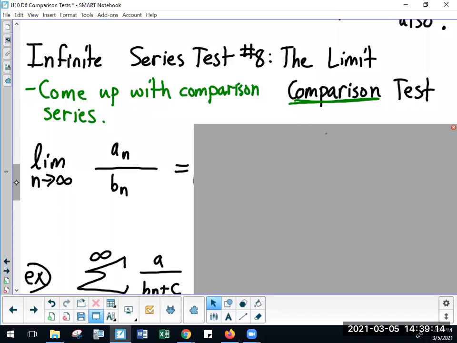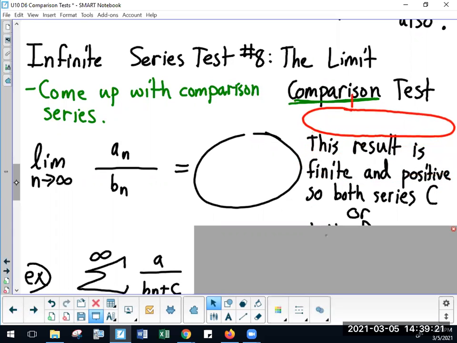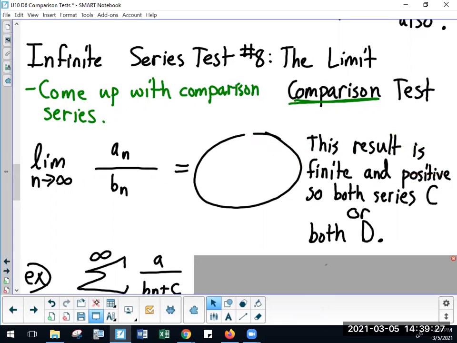But whatever our result is, what we're looking for is for the result to be finite and positive. And if the result is finite and positive, then similar to the direct comparison test, we're going to be able to say that both series converge or both series diverge.